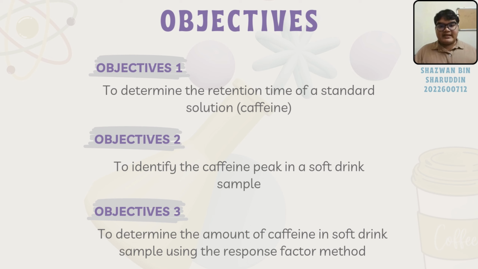And the last objective for this case study is to determine the amount of caffeine in the soft drink sample using the response factor method. These objectives were meticulously designed to ensure the accuracy and scientific rigor of our research.